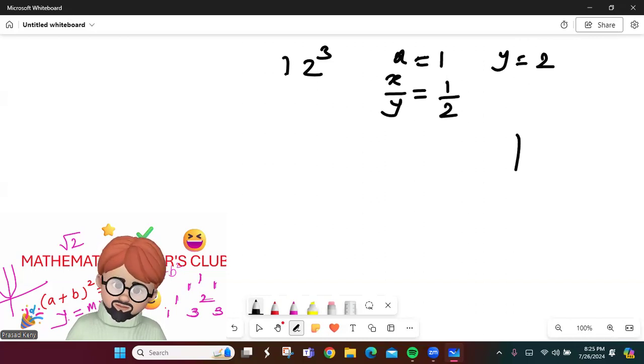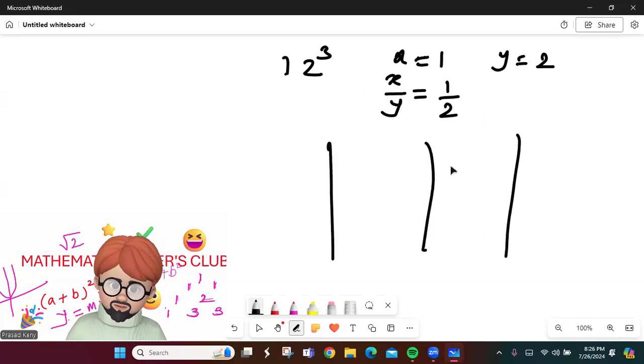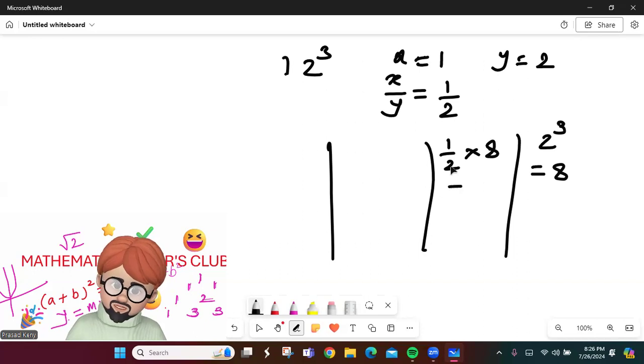Now, what I'll do is, I'll make 4 partitions here. In the partition on the extreme right, I will write 2 cube, and that is 8. Then I'll multiply this 8 by the ratio 1 upon 2. That will be 4.